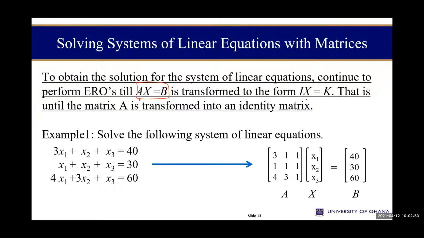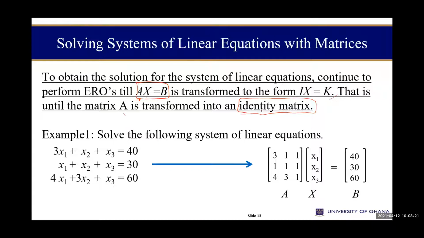So A is transforming, B is transforming, X is still the same. So an identity matrix of A, I times X, will still give me X. If that is so, then X is equal to what? K. That is, until matrix A is transformed into an identity matrix. So let's have this example and go through and find a solution.